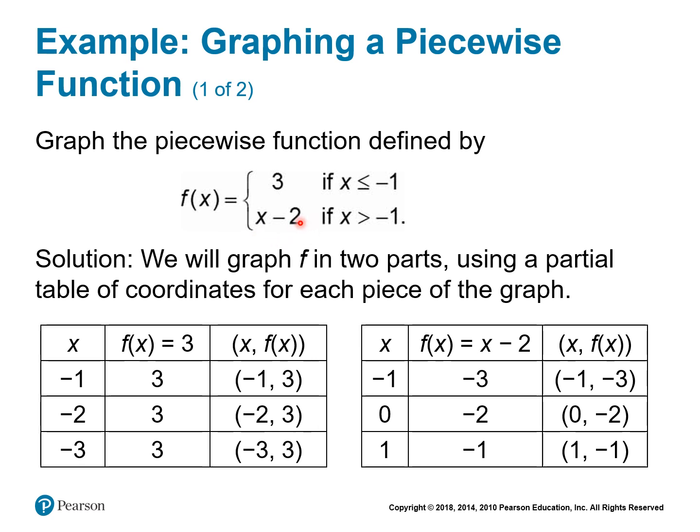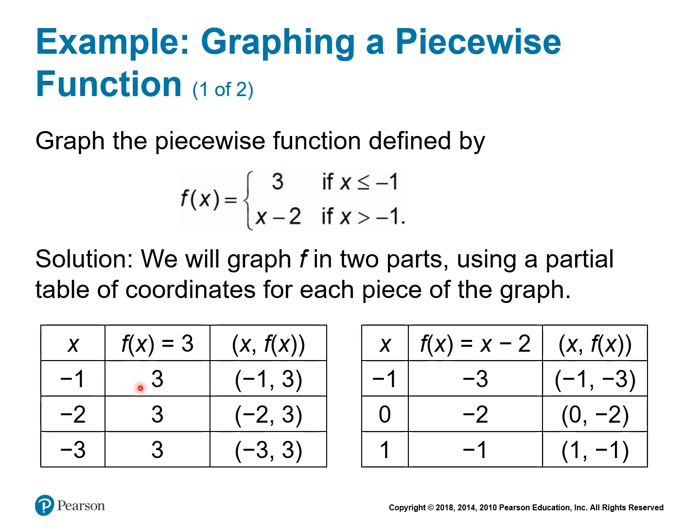All right, so in the first table here, they have chosen values for x which are less than -1. So they have chosen -1, -2, and -3. -2 and -3 are all less than -1. So the corresponding y values or f of x values are this constant value of 3.